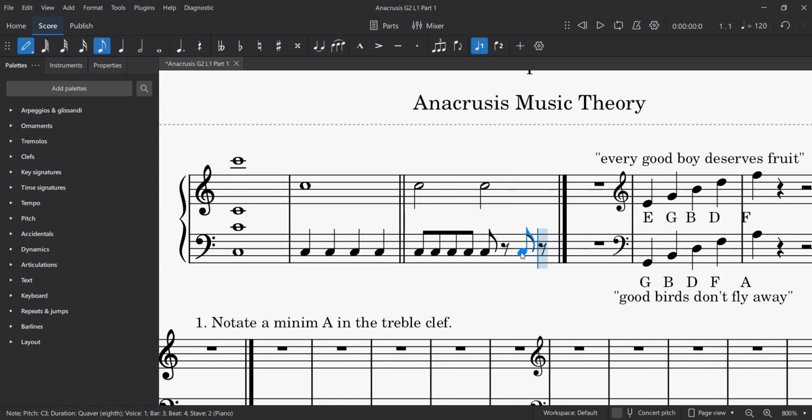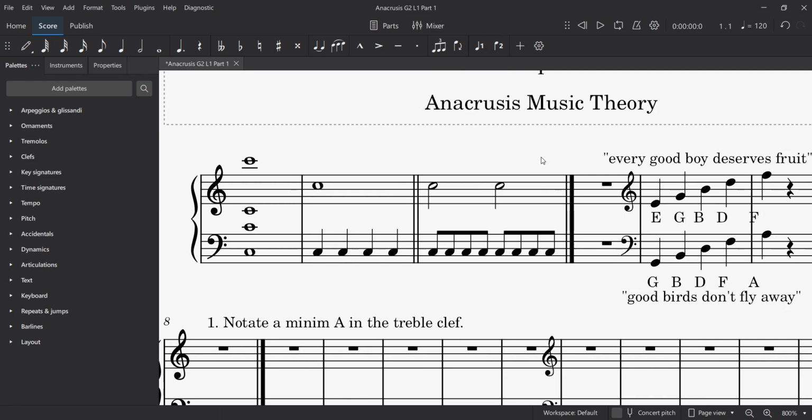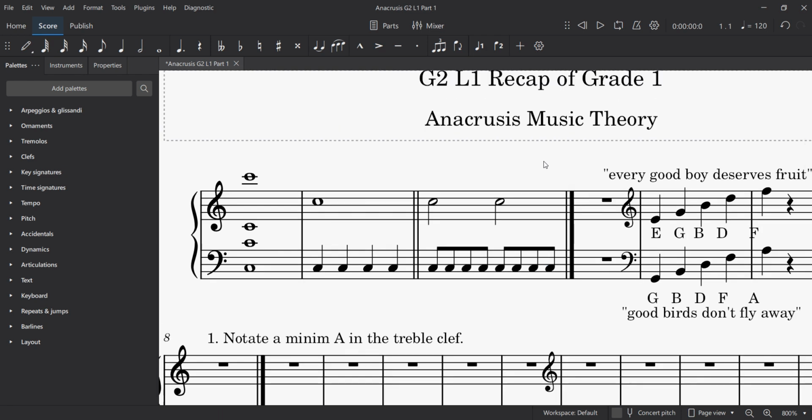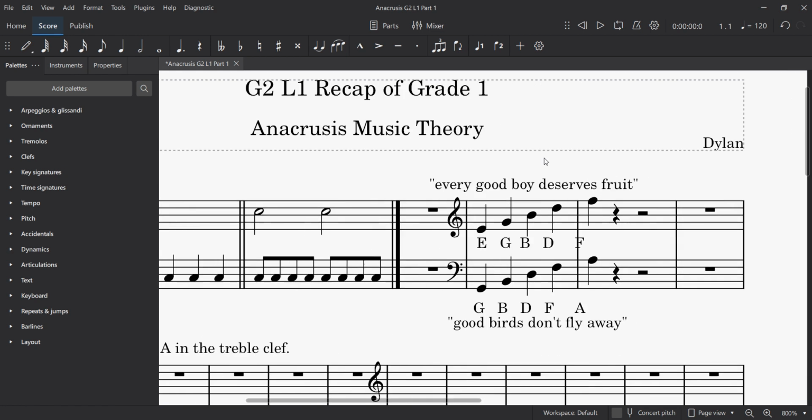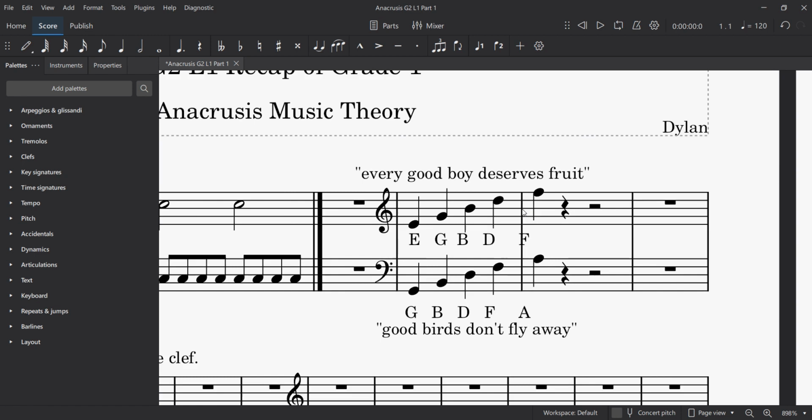Fantastic. Now, let's go through one more fundamental before we do some practice. Hopefully you already have learnt how to recognize and name notes from grade 1. In the treble clef, we can use the acronym Every Good Boy Deserves Fruit to remind us.